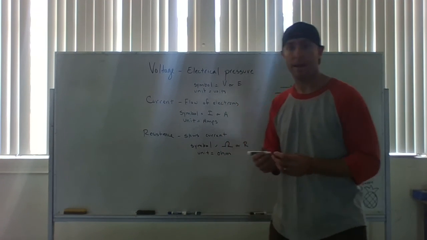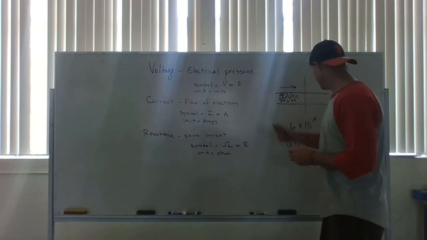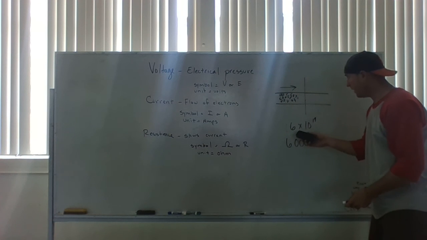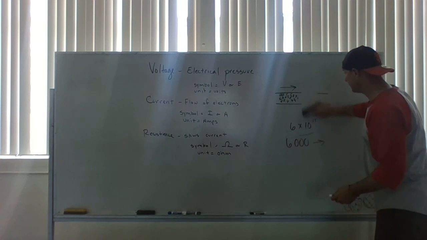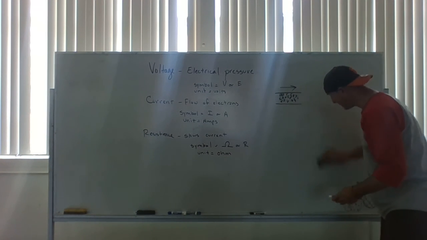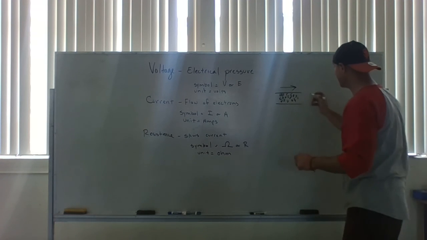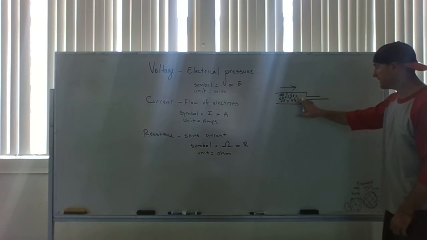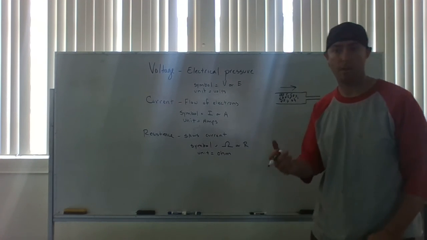Now, resistance is the thing that slows down current. You'll often see something like this. Think of this as water flowing down a pipe.